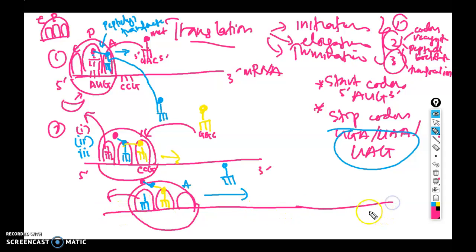Okay, for example, it found UGA here, and the ribosome dah sampai sini. And then this is the A site, P site, and E site.